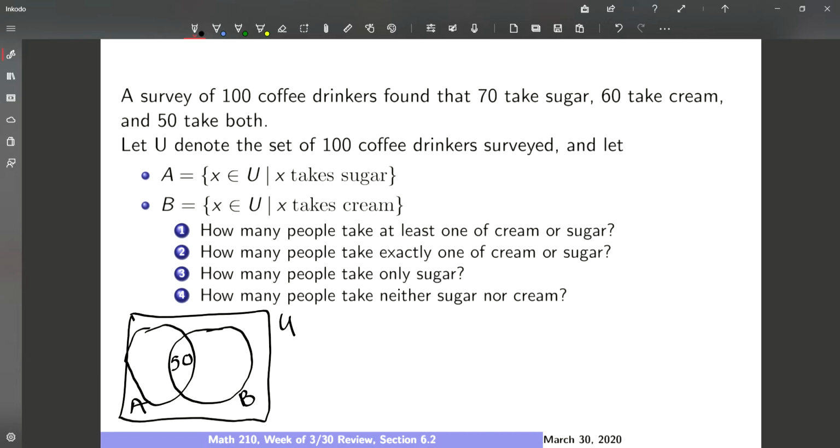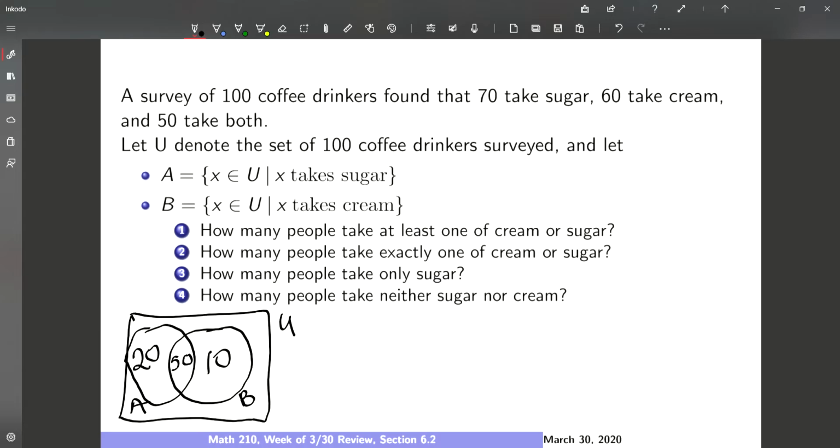Okay, now I go to the set A. Alright, so 70 people take sugar, so that means that there are 70 people in the set A. I already have 50 in the middle, which means all that remains out here is 20 people. And then I do the same thing for B. We're looking for the number of people who take cream, and we know that there are 60 of them. And 50 of those 60 are already in the intersection, so what's left over? Well, that's 10 out here.